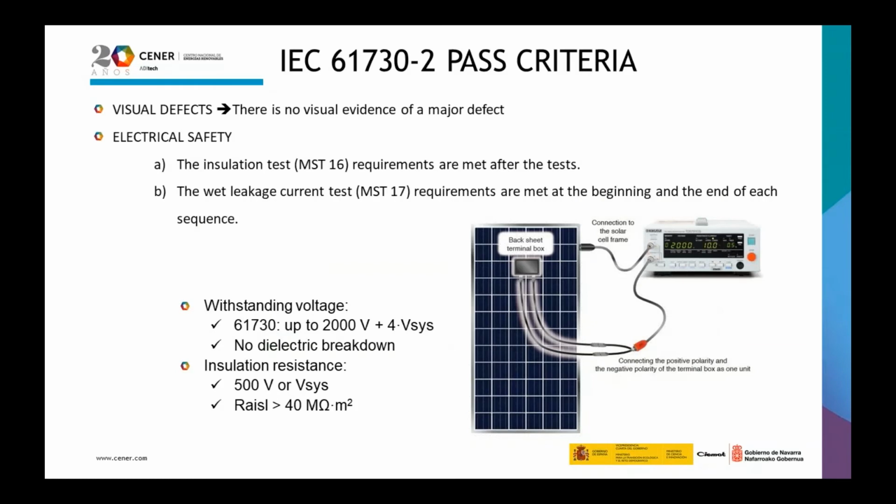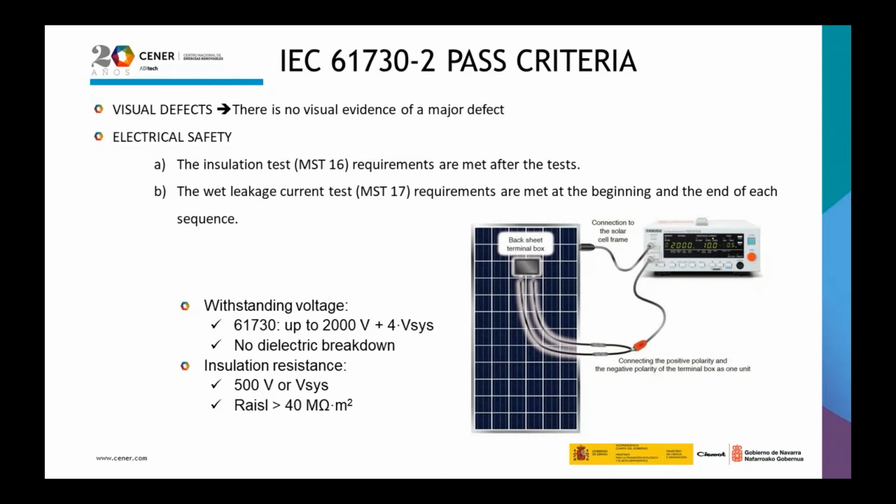The pass criteria for the safety standard includes visual defects, like the ones defined in the 6.12.15 standards, and also electrical safety requirements under wet and dry conditions both. Here we have to remind that the withstanding voltage test was carried out at a higher voltage than in the performance standard.